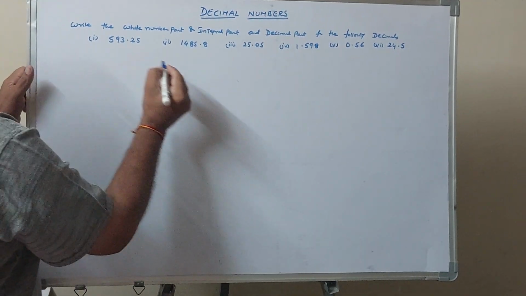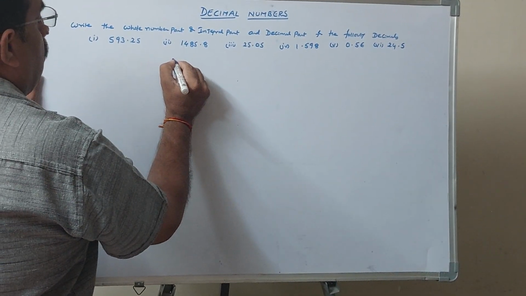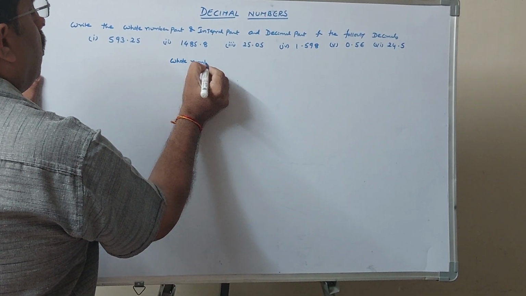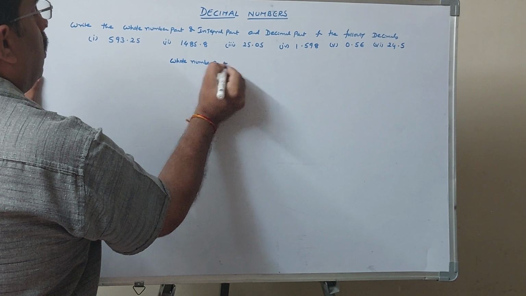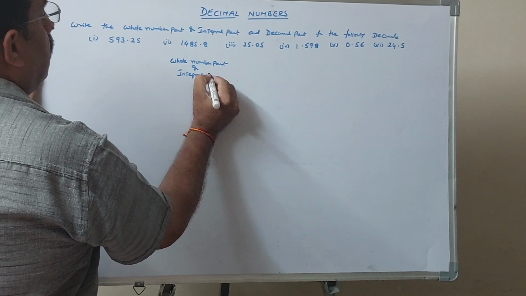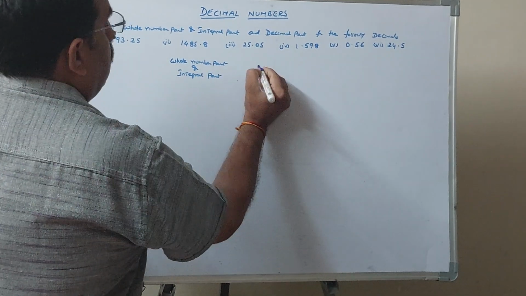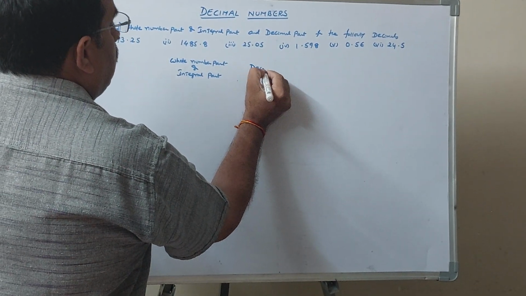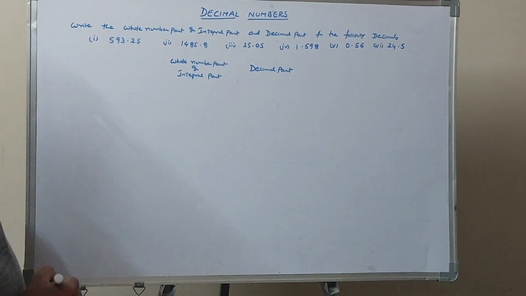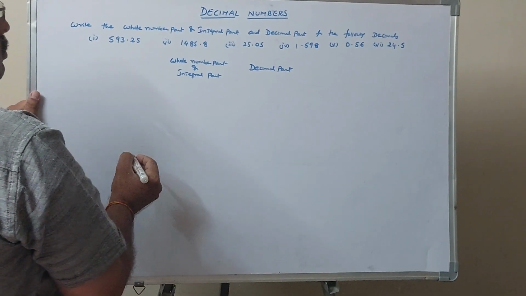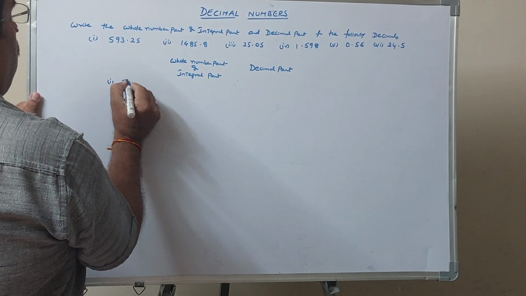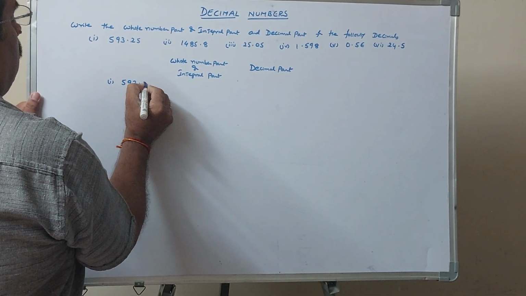Here, how to write this one? Whole number part or integral part, and decimal part. See, first one is 593.25.